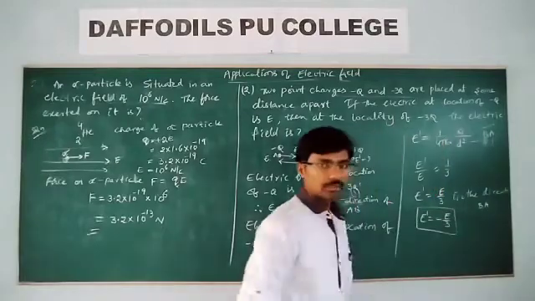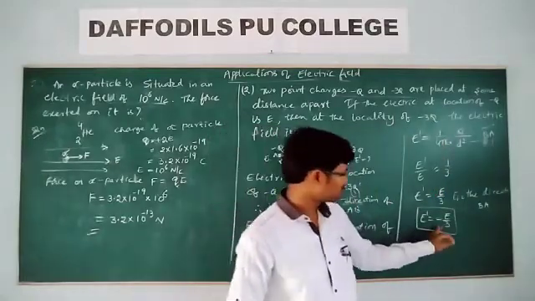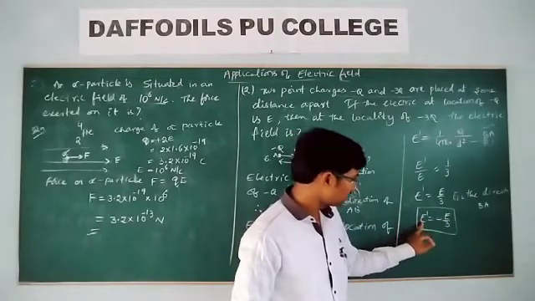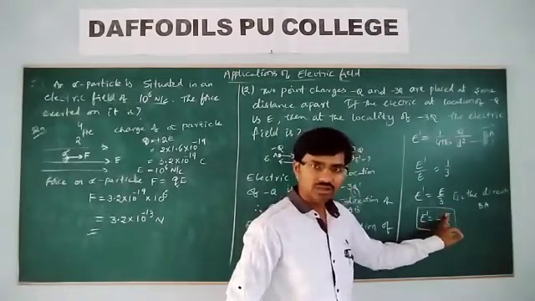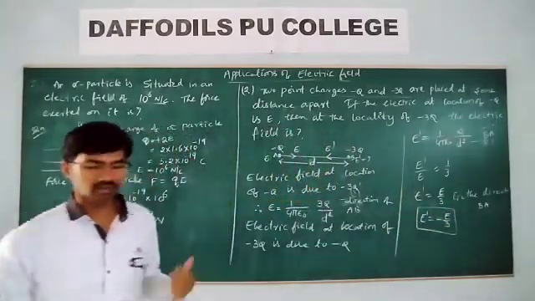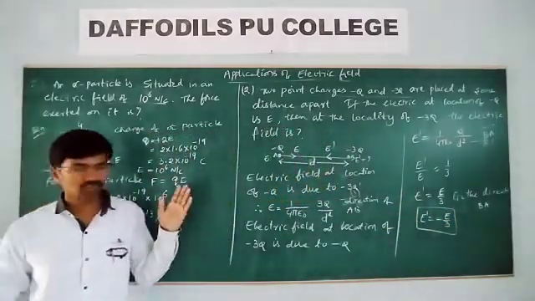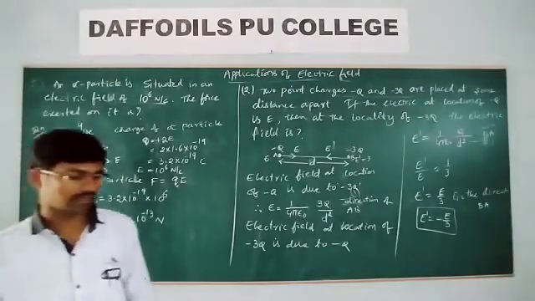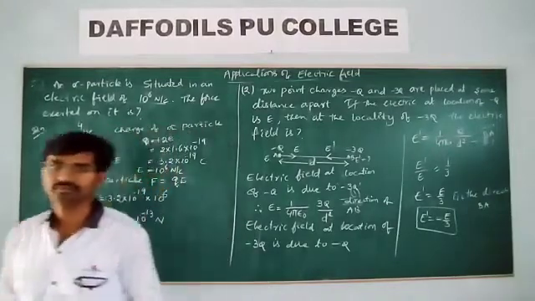Why is it minus? The negative sign represents that the direction of the electric field E dash is opposite to the direction of E. So that is the direction of the electric field at the location of minus 3q due to charge minus q, which is separated at distance d.